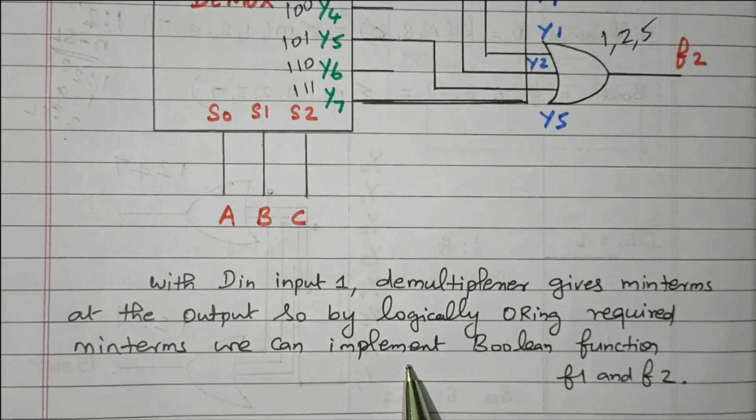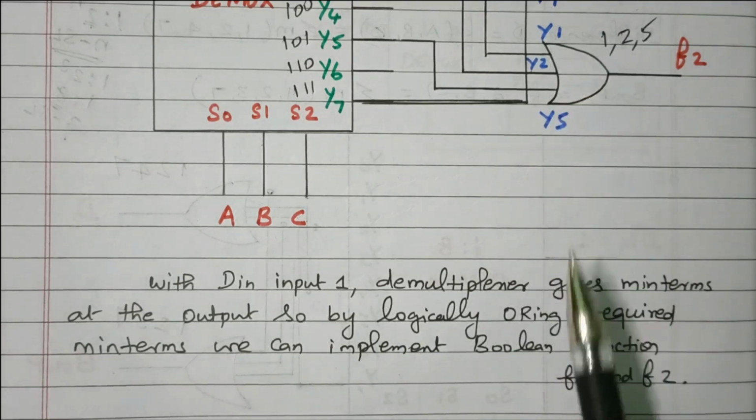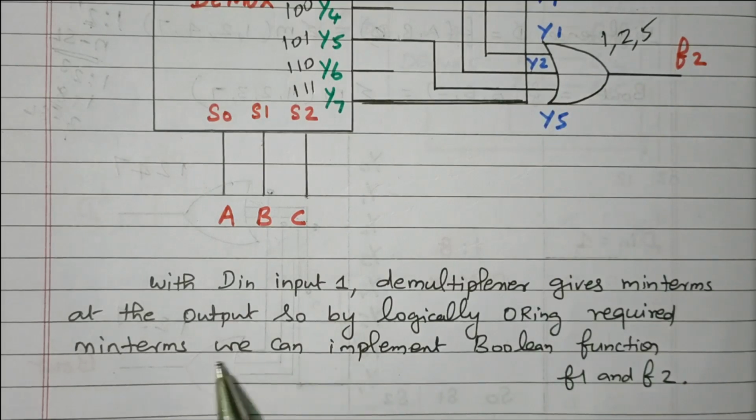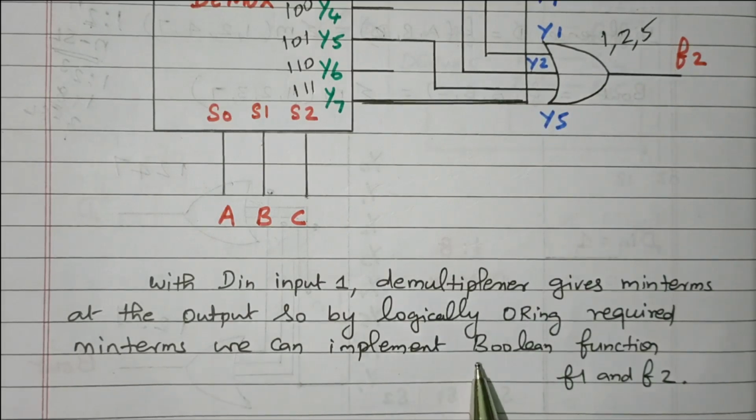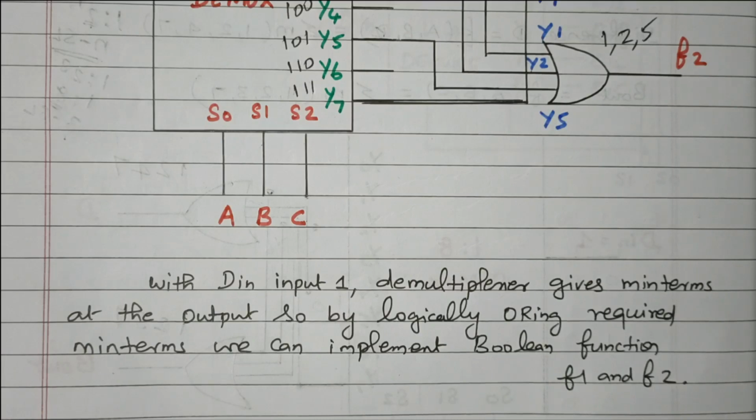Required min terms means for function 1 we need 0, 3, 7. For function 2 we need 1, 2, 5. The required min terms are implemented, so that we can get the Boolean functions F1 and F2. So here we discussed how to implement the demultiplexer for a given Boolean function.